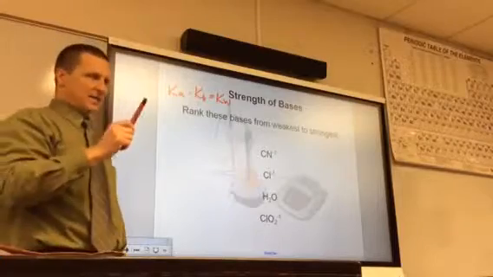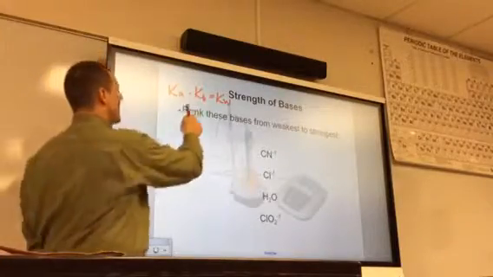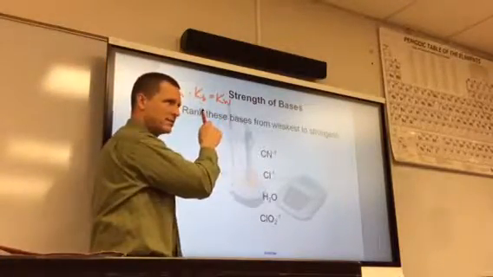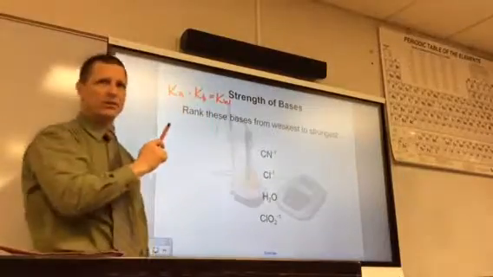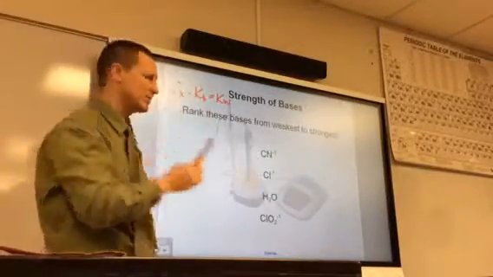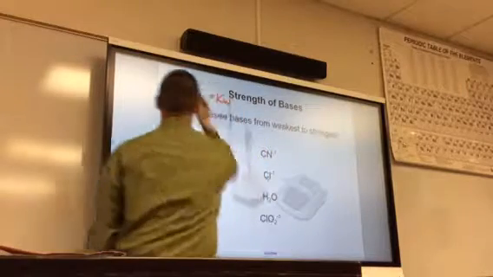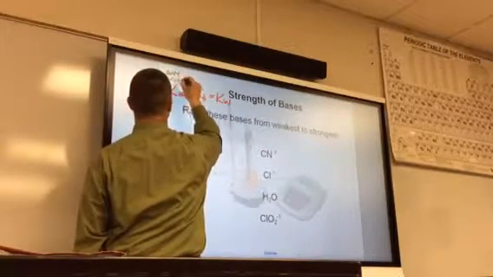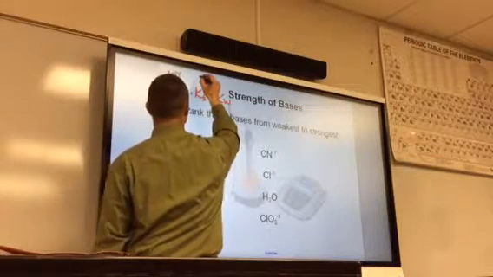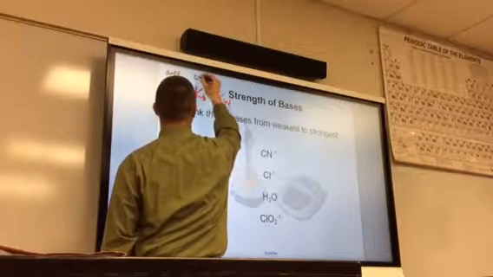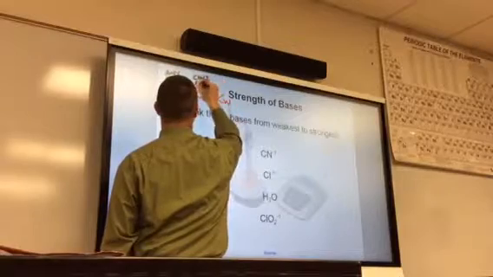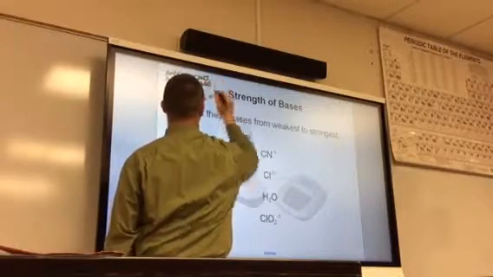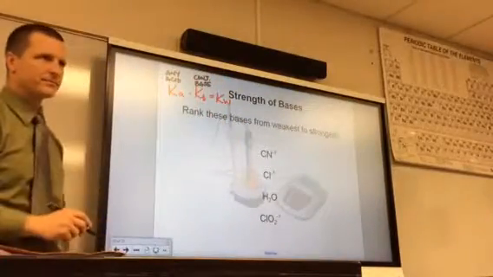The Ka of any weak acid times the Kb of its conjugate base is always equal to Kw. It's actually a very simple derivation, but I'm just not going to take the time. So this is something that's real nice to know. The Ka of any acid times the Kb of its conjugate base is always equal to Kw.